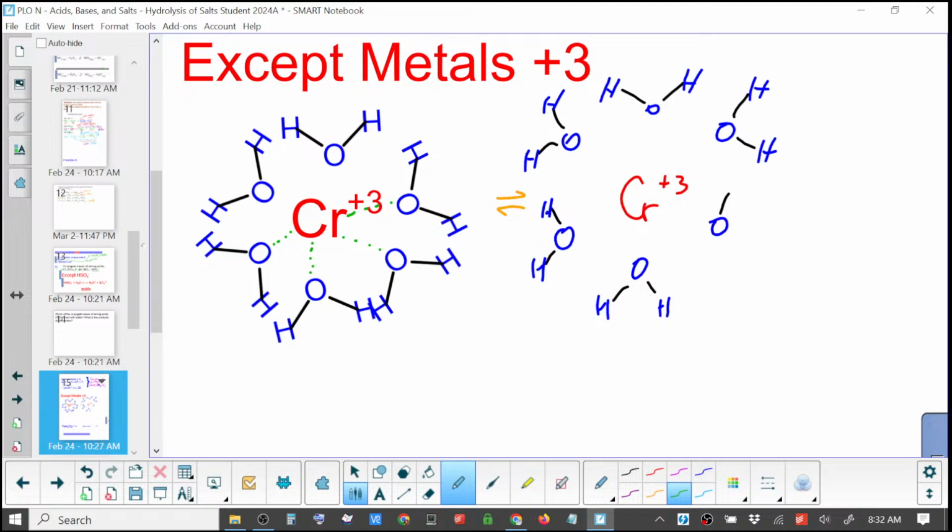And dipoles attract each other through electro... Electrostatic. So there's an electrostatic attraction there. We've got our slightly negative end, we've got our slightly positive end here. And this is held quite tightly.